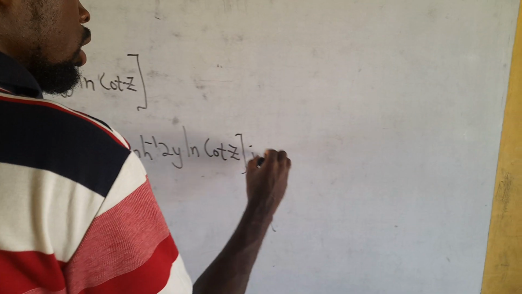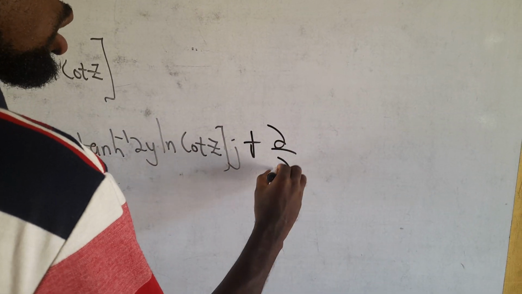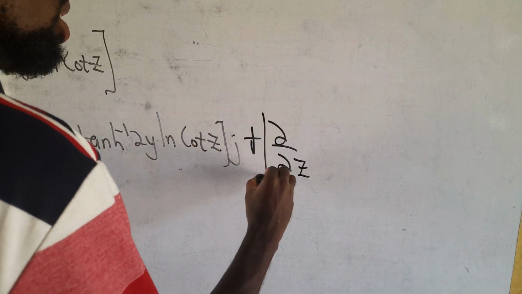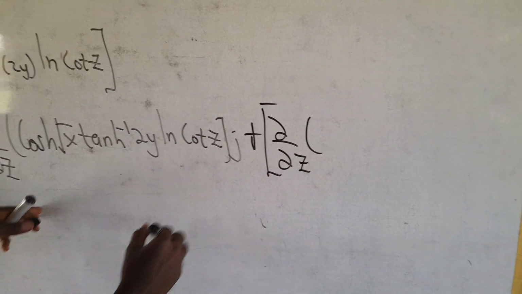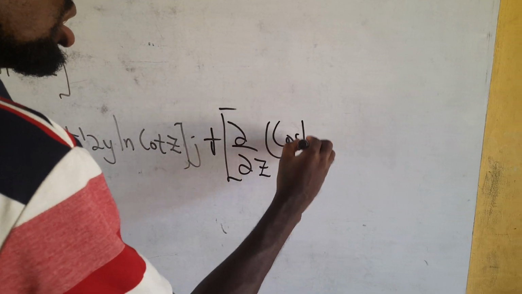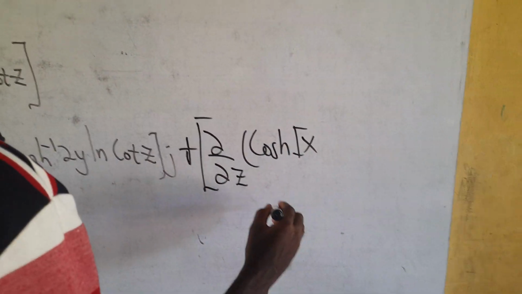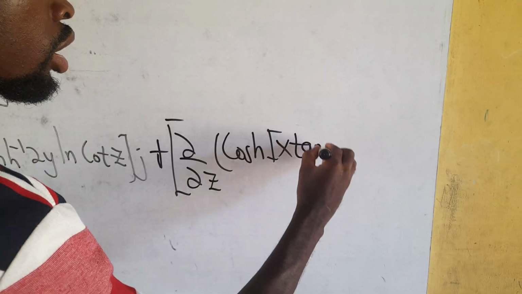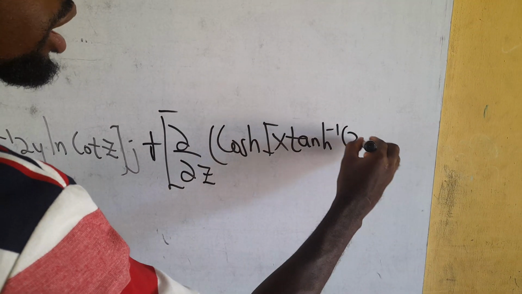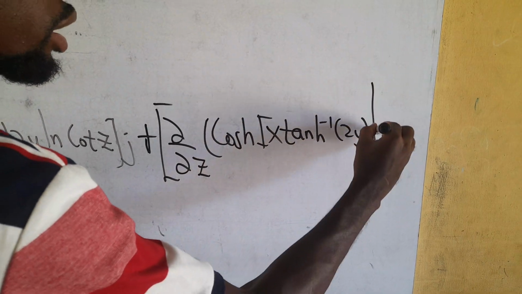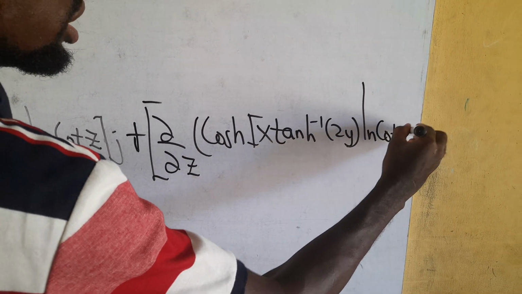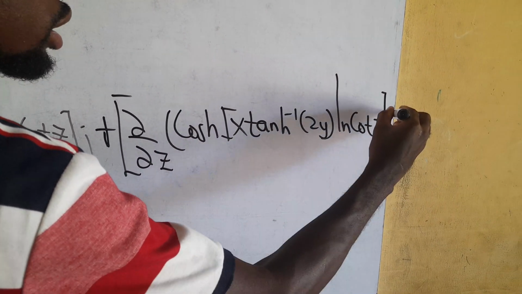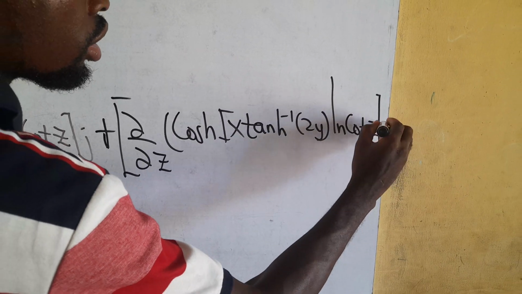Then plus ∂/∂z of cosh root x tan inverse of 2y ln cot z, and that is in the k direction.